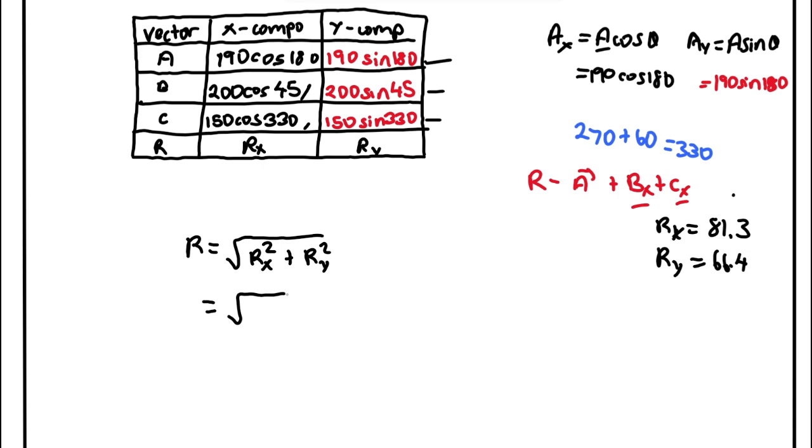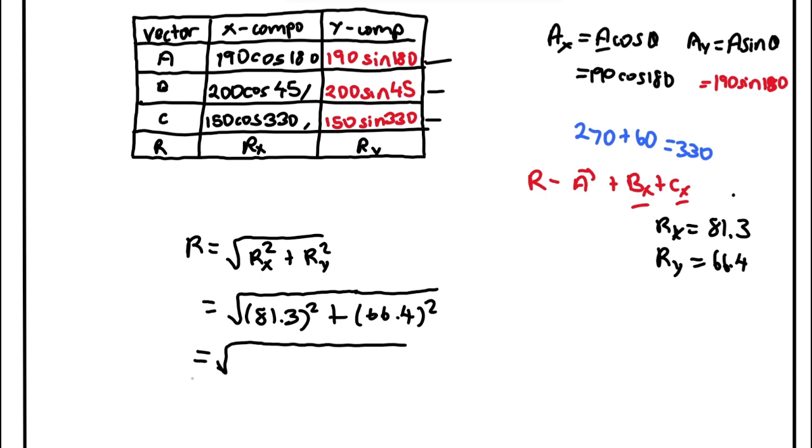This is equal to the square root of our Rx, which is 81.3, squared, plus our Ry, which is 66.4, squared. 81.3 squared gives us 6609.69, plus 66.4 squared, that gives us 4408.96.